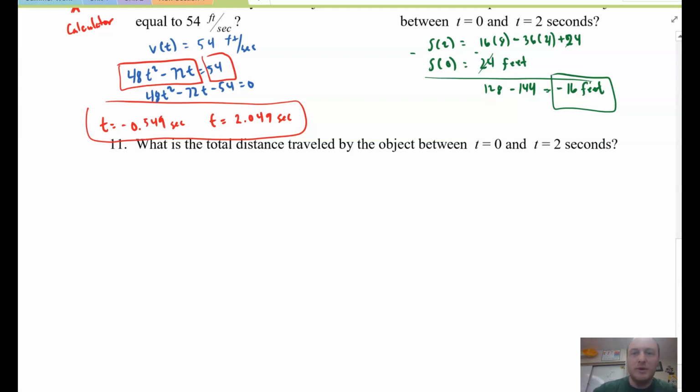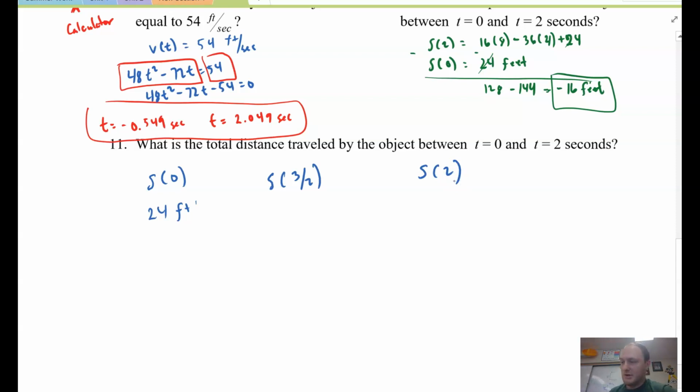So what I'm going to do here is take the position at 0. We know that this is 24 feet. And then I'm going to calculate the distance. What is s of 3.5? Okay, calculate that, and then I'll say what is the distance at 2?